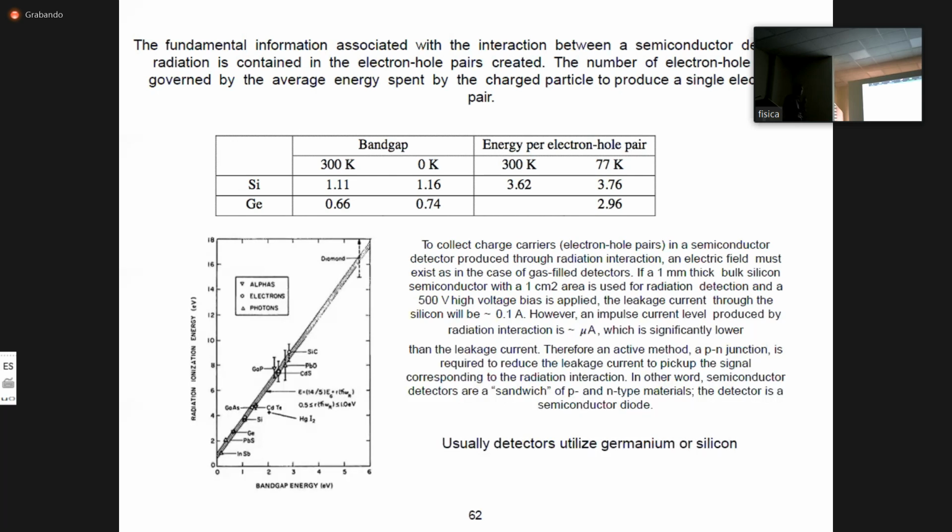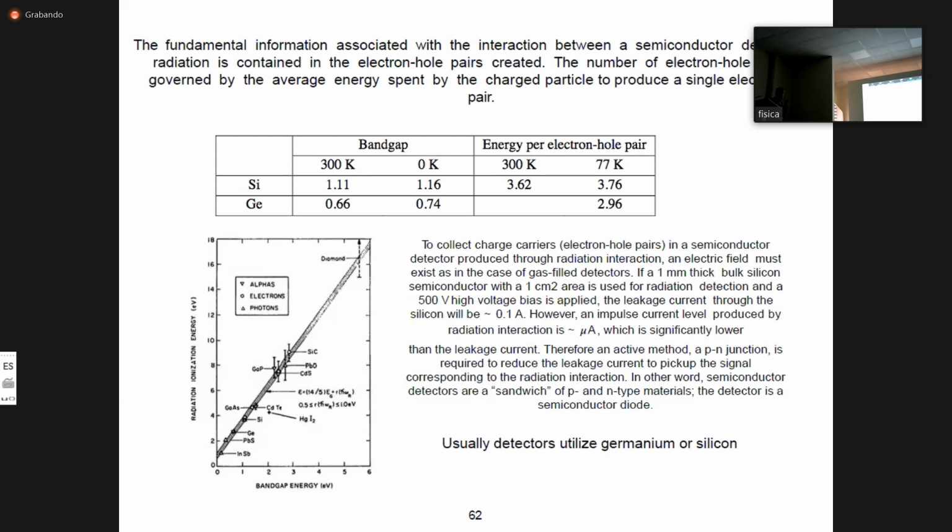If you remember from the last lecture, the energy required to create an electron-ion pair, for example in argon, is about 30 electron volts. In these semiconductor detectors, the energy that creates an electron-hole pair is approximately equal to 3 eV.